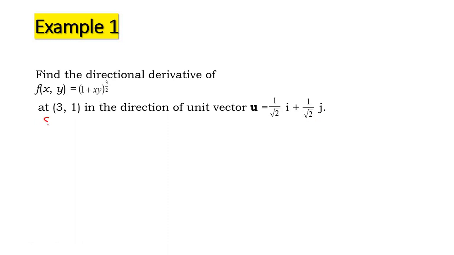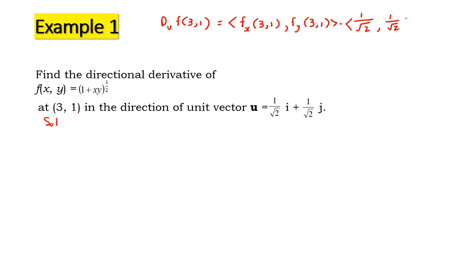So first of all, the directional derivative del u f(3, 1) will be the vector fx(3, 1) i plus fy(3, 1) j, dot with the unit vector given in the question, 1 over root 2 i plus 1 over root 2 j. So this is the directional derivative.